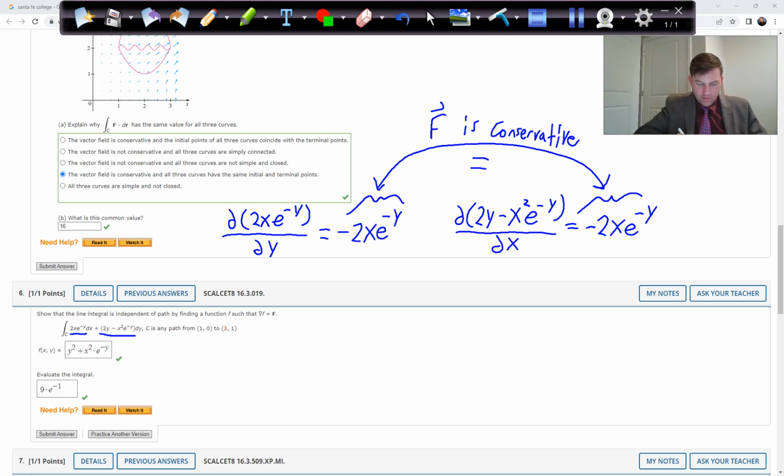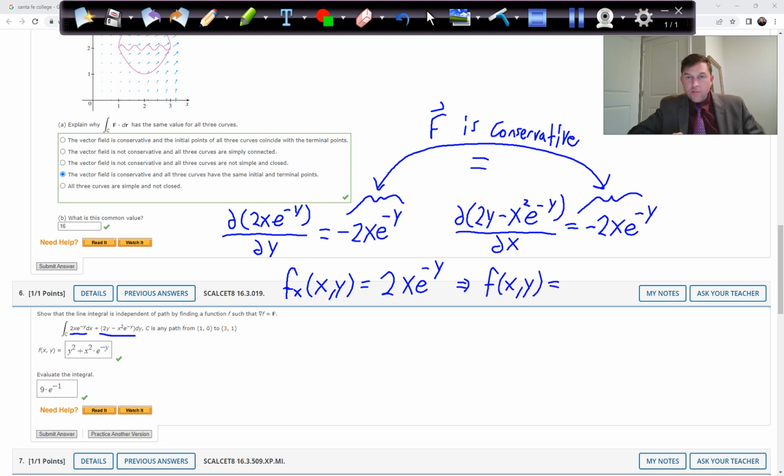So we would say f of x, y, partial derivative of f with respect to x would have equaled this original i term, 2x e to the minus y, which implies that this function, taking the antiderivative of this, an integral with respect to x, this should have been x squared e to the minus y plus potentially some other function that's only in terms of y.